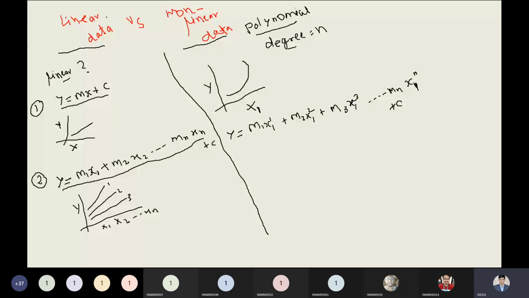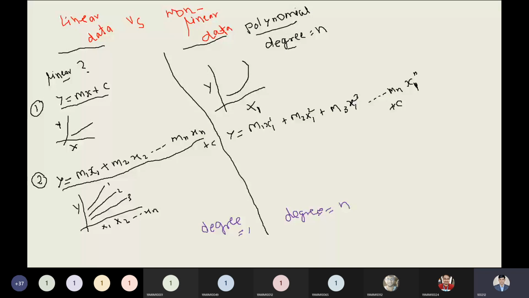We can represent the degree. Good. By default, the maximum degree in linear data would be 1, but here the maximum degree would be n, depending on your polynomial features.